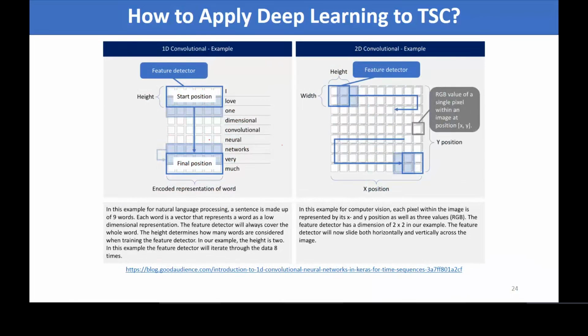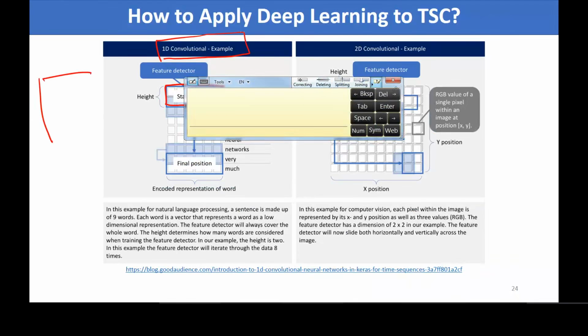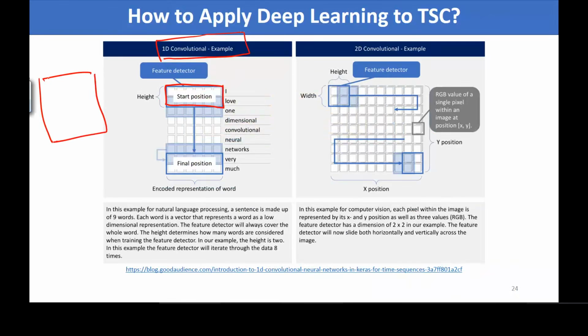This is an example of 1-dimensional convolution, where you have a signal here. This is the filter we talked about. If you have a 2-dimensional signal, the filter that convolves, meaning it performs convolution, will move along the image, the 2-dimensional space here.